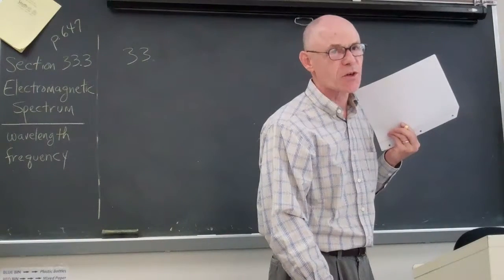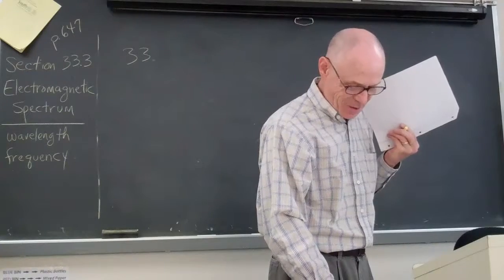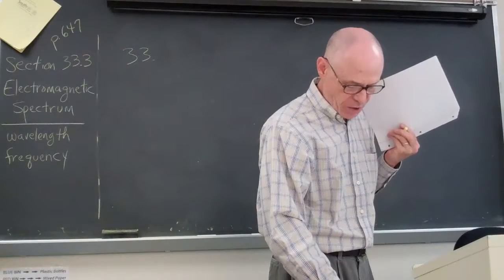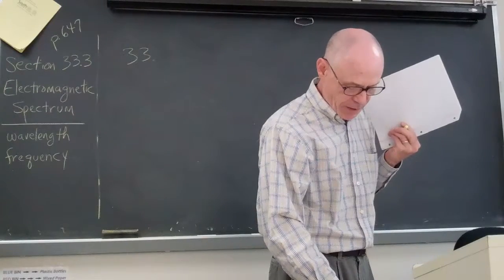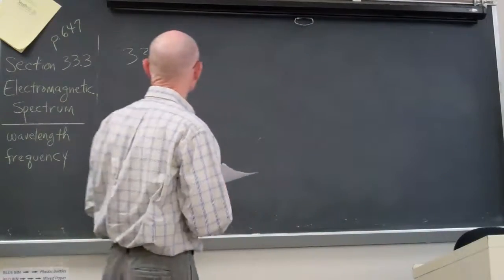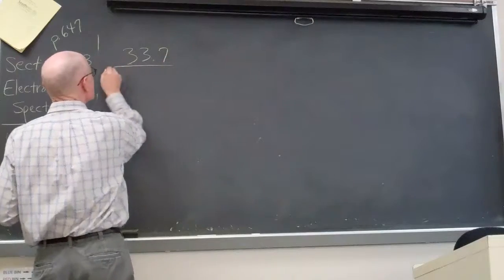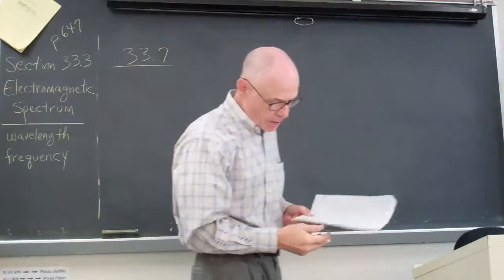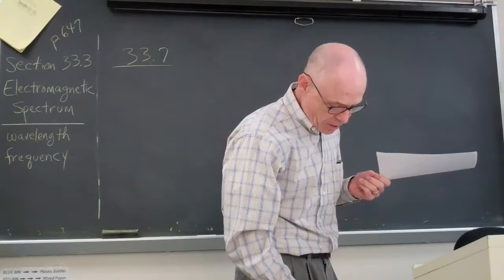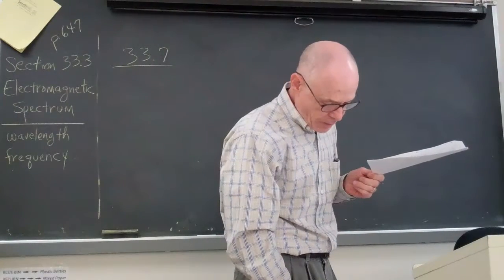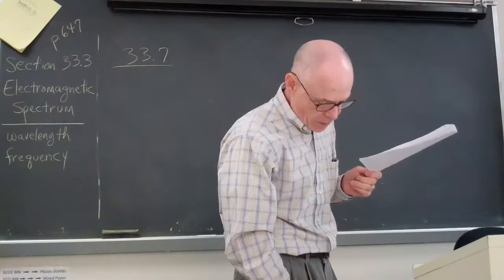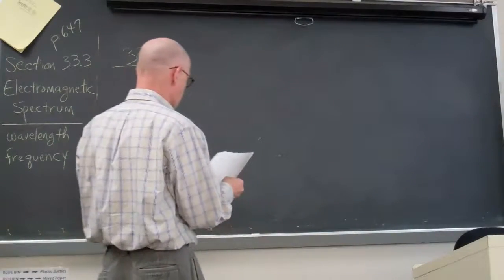Angstroms is a pretty obscure unit, so we can just skip that. I should have told you that ahead of time. So let's just calculate the wavelength in nanometers. All right, 33.7. You're given the frequency of yellow-green light as 5.41 times 10 to the 14th hertz. What's the wavelength of this light in nanometers?